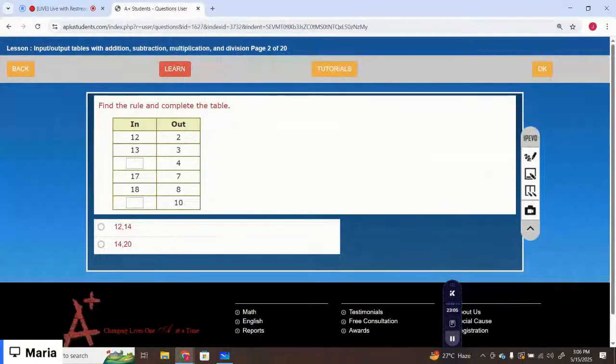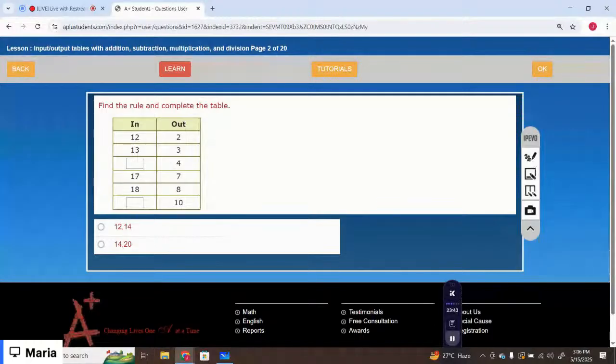Find the rule and complete the table. 12 and 2, 13 and 3, 17, 7, 18, 8.